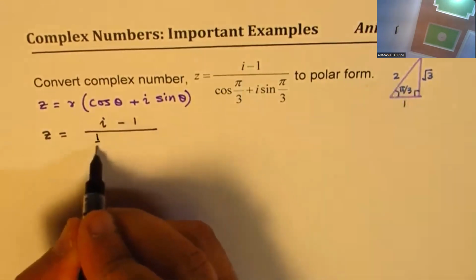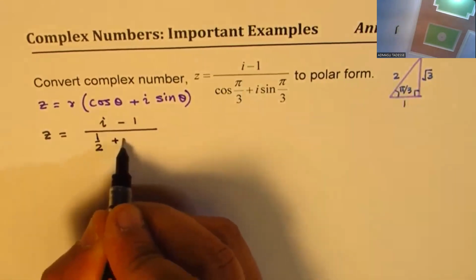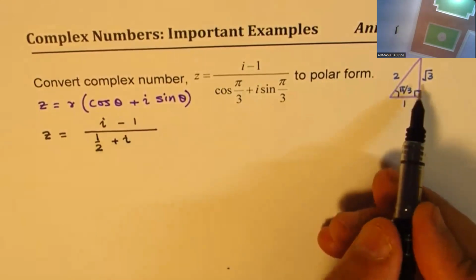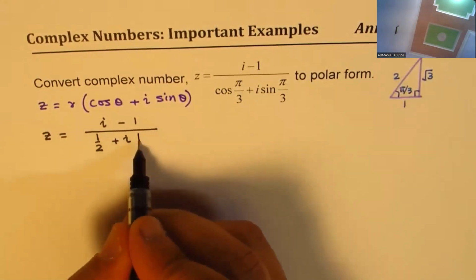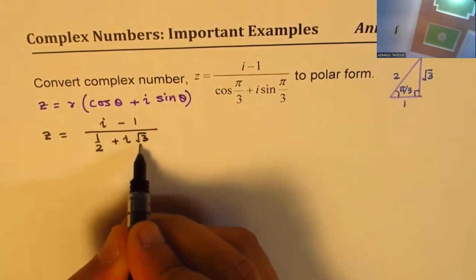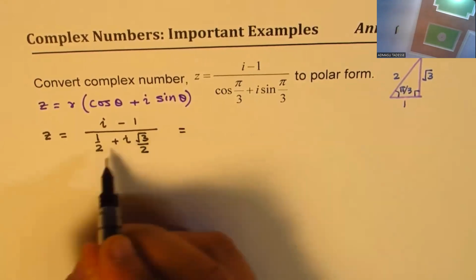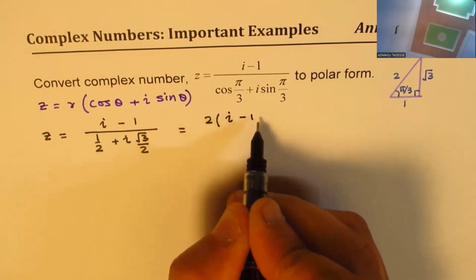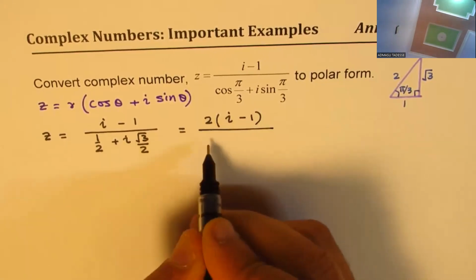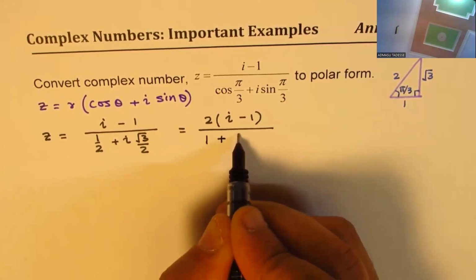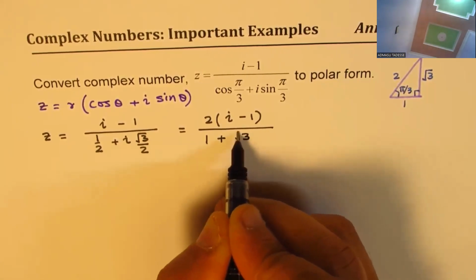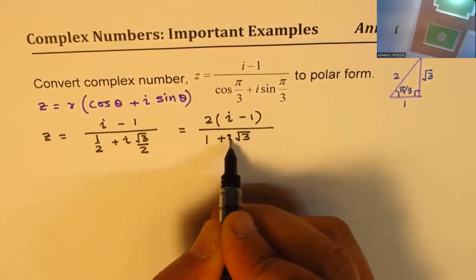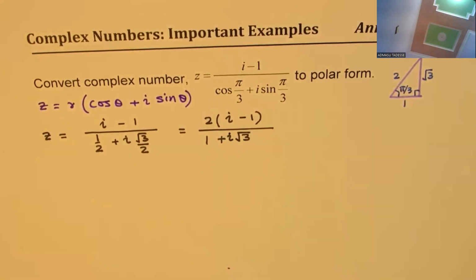So I'll write this as half, plus i sin pi by 3, which is square root 3 over 2). Now this could be simplified. We could take 2 in the numerator: 2(i minus 1) over (1 plus square root 3 i). So let this be so. That is the complex number which we have.